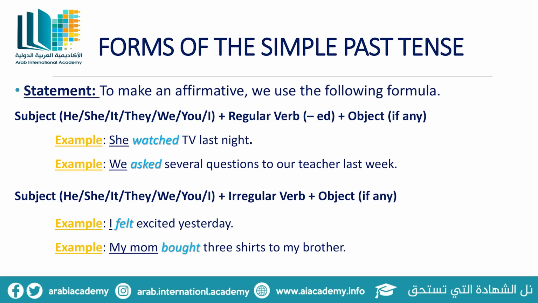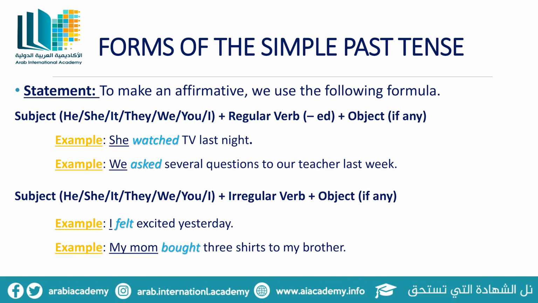Now for the second example, my mom bought 3 shirts to my brother. My mom is the subject and it goes for the pronoun she. Then we added the irregular verb, which is bought in the past tense, and then the rest of the sentence. The verb bought comes from the word buy.